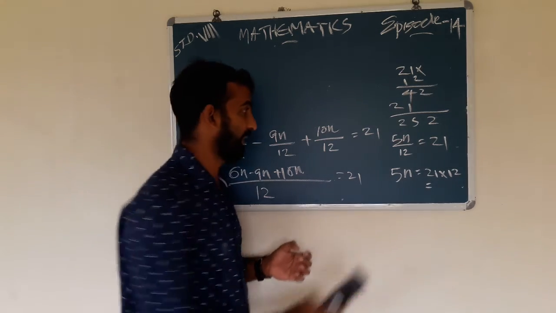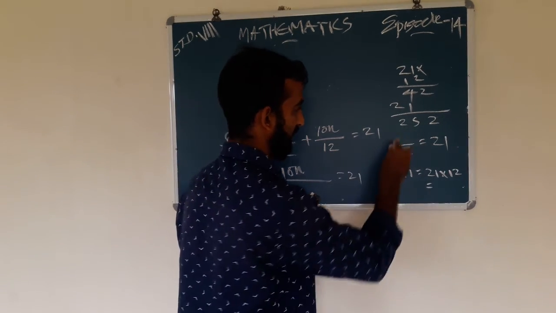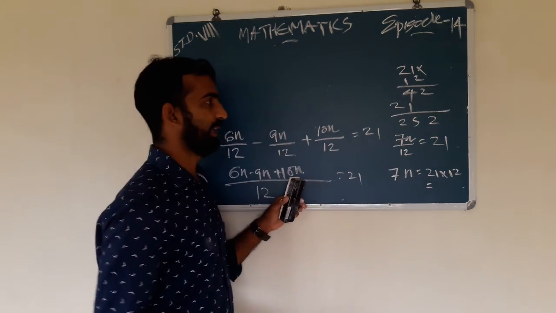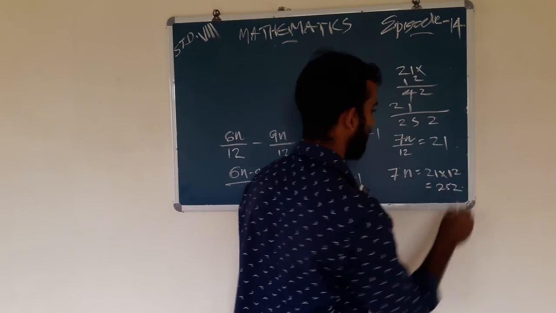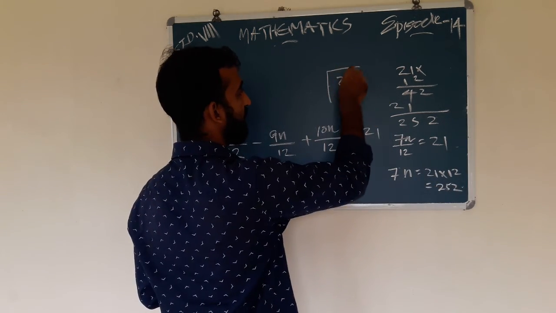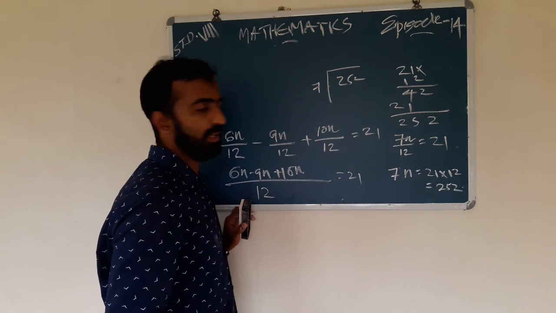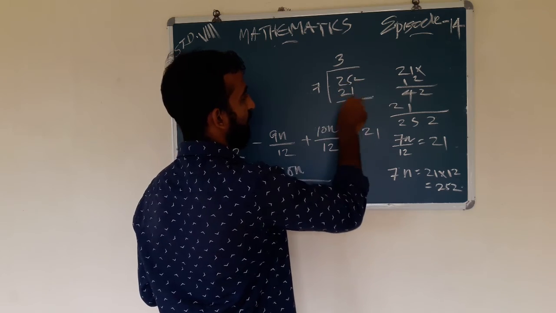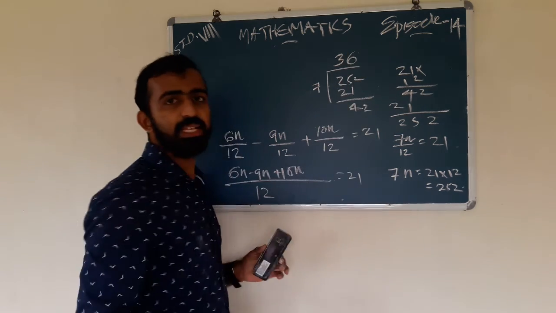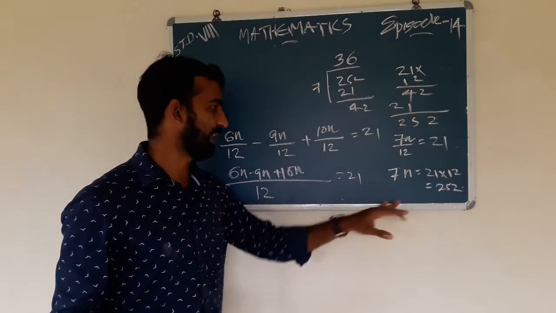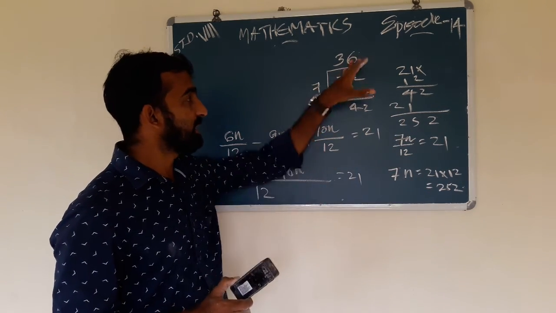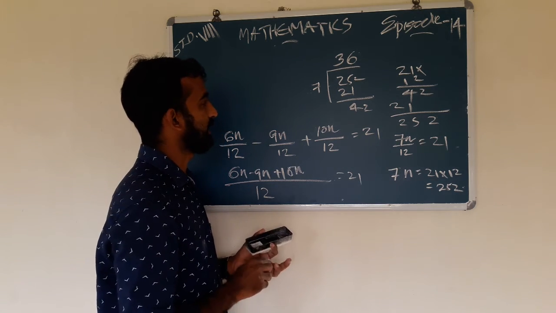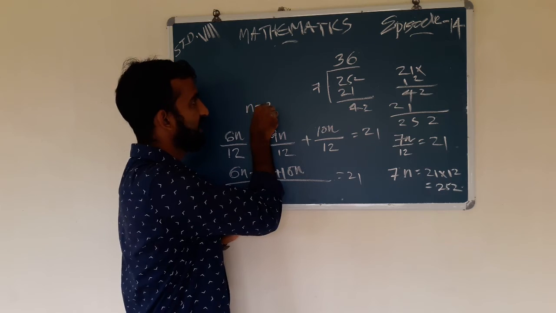That is 7n equal to 252. We can divide 252 by 7. What is the answer? n is 36. The value of n is 36.